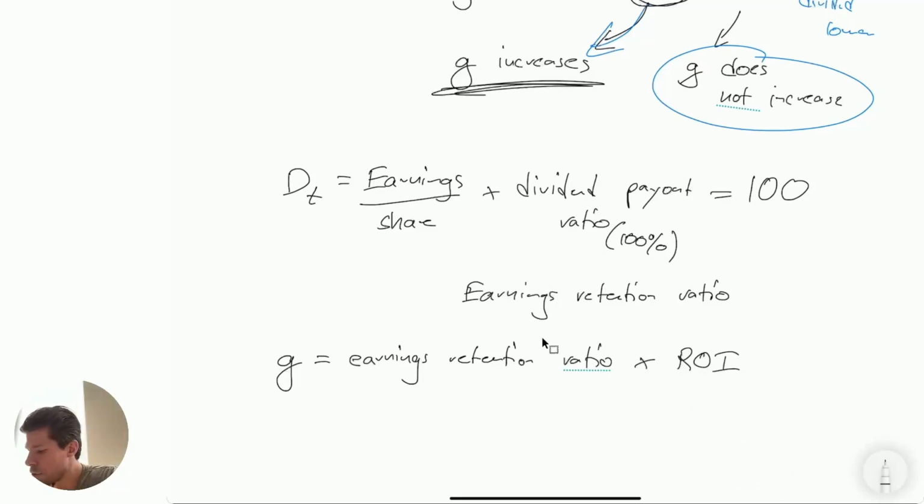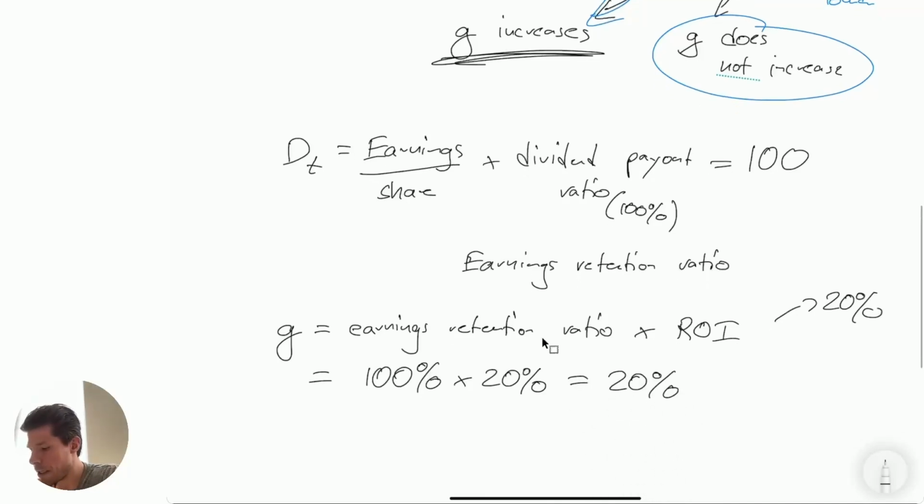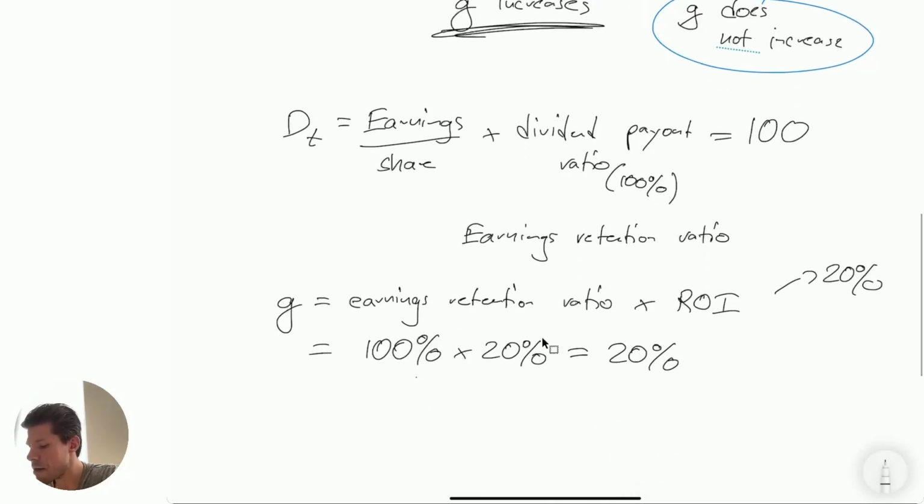If you assume your return on investment is 20% and your earnings retention ratio is 100%, 100% times 20%, your G is 20%. Now you have retained everything that you have. 100% times 20% is a 20% growth rate.